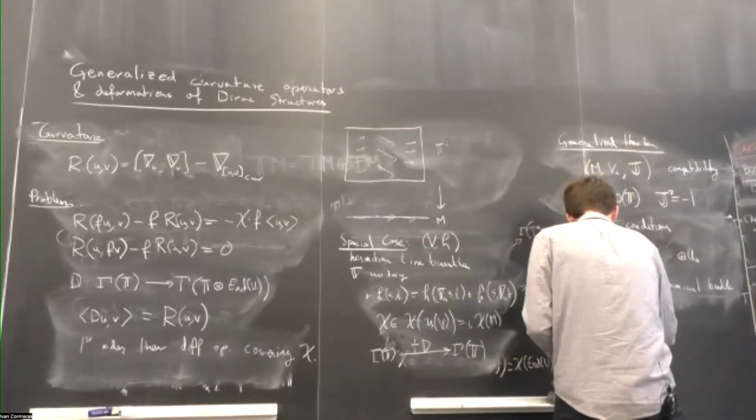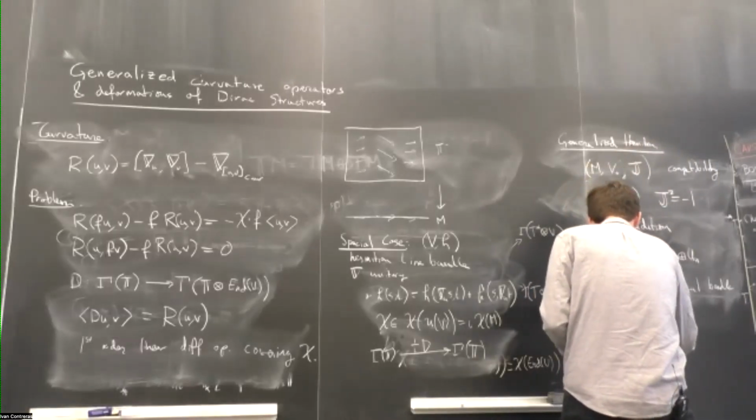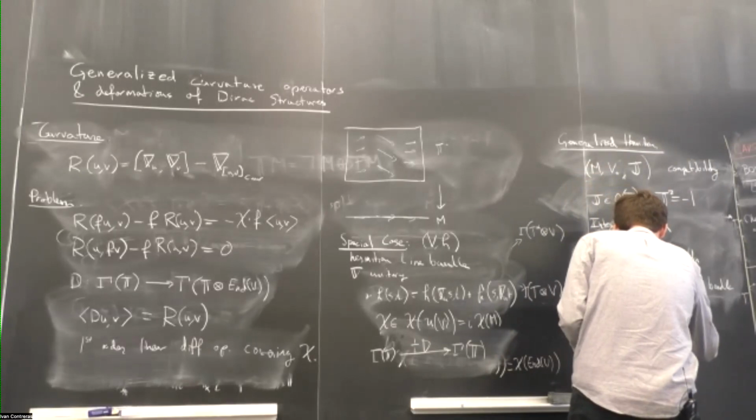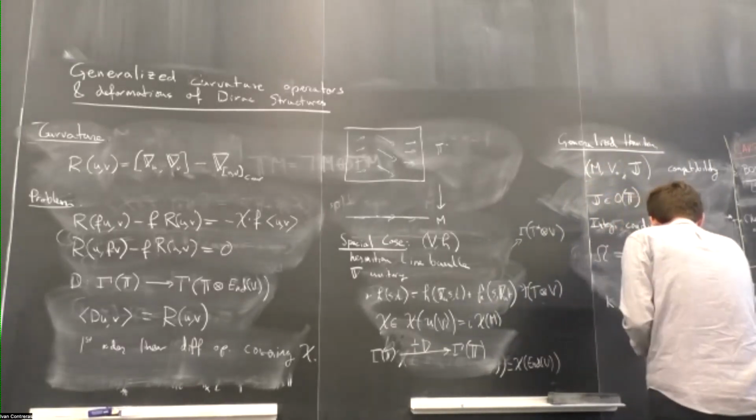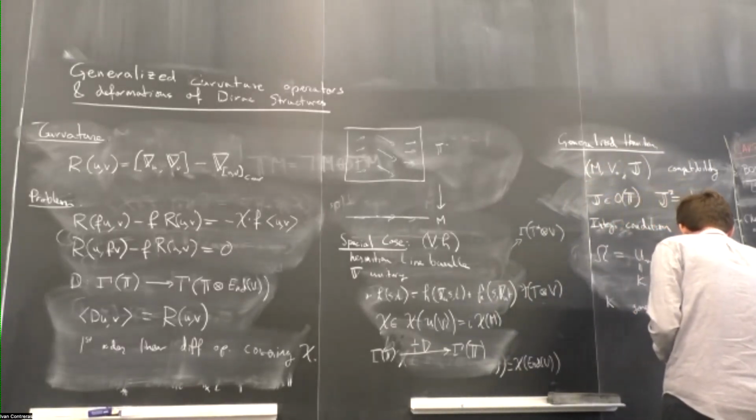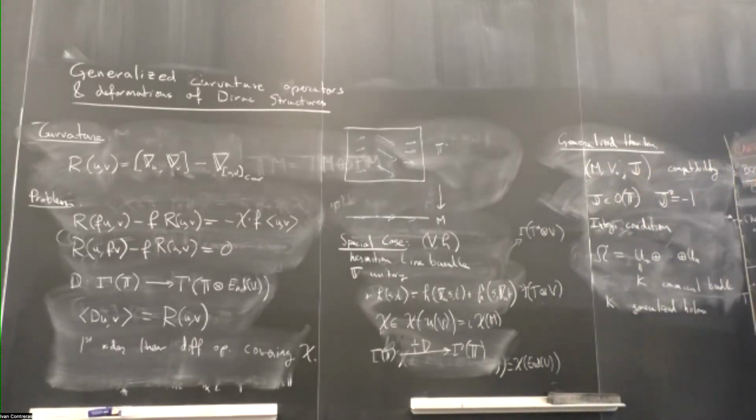First of all, it's generalized holomorphic for J. And secondly, the generalized metric on M gives you a metric on the differential forms.